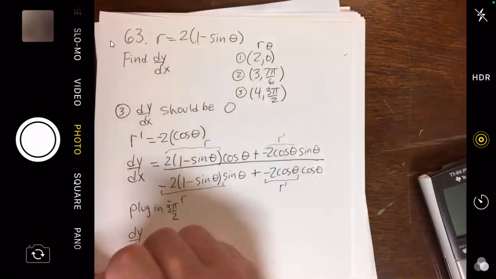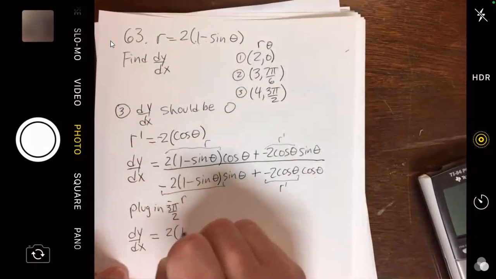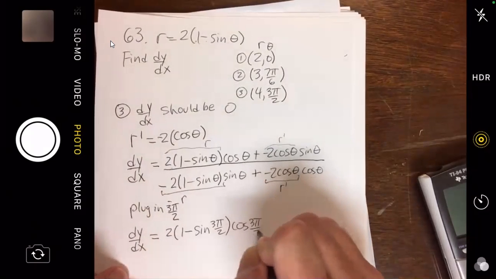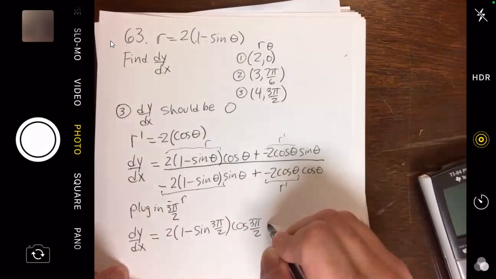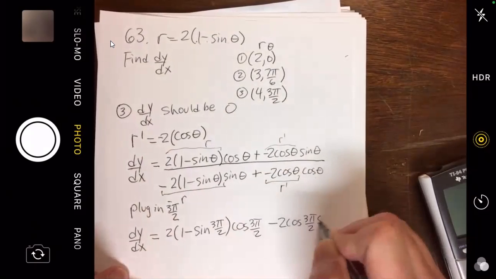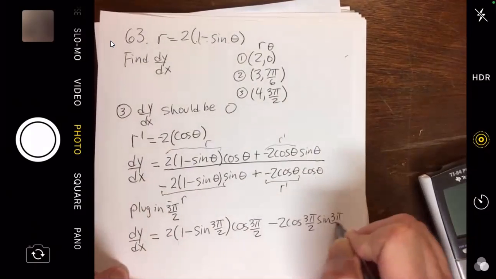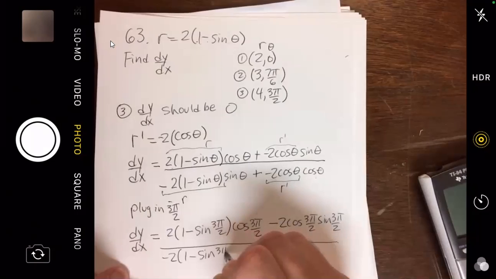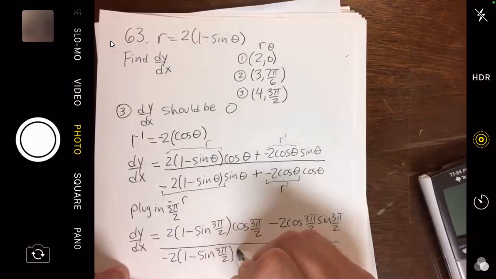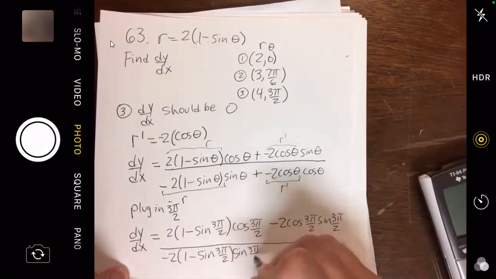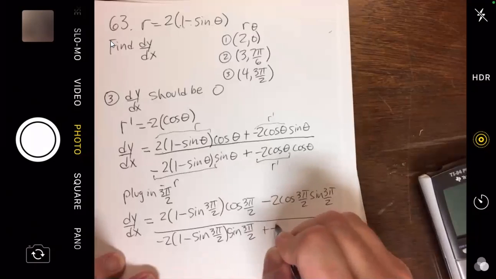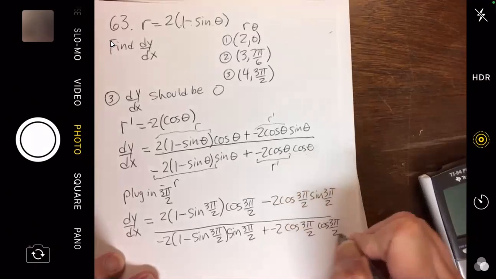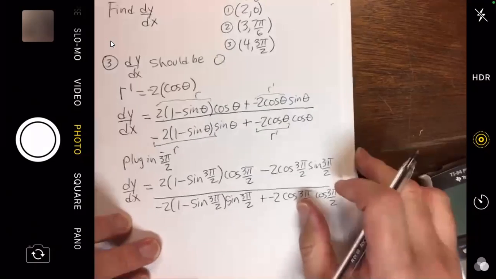So dy/dx is 2 times 1 minus sine, cosine 3 pi over 2, minus 2 cosine 3 pi over 2 times sine 3 pi over 2, over negative 2 times 1 minus sine 3 pi over 2, sine 3 pi over 2, plus negative 2 cosine 3 pi over 2 times cosine 3 pi over 2. Not really hard, it's just long.